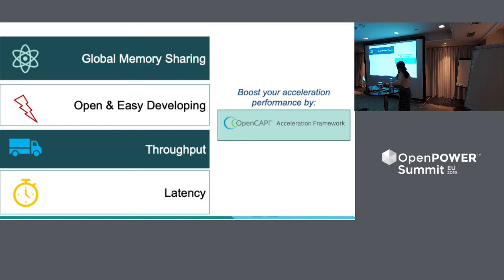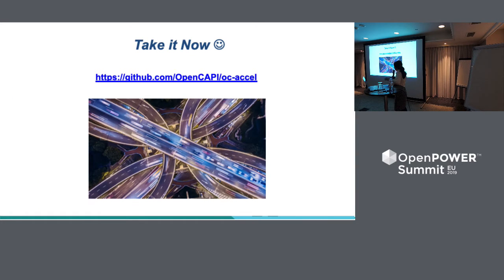So this is the conclusion about the OpenCAPI acceleration work. It enables global memory sharing, open, easy development, and it also enables the full throughput and a good latency, so that can help accelerate your function design. So take it now. This is the address, github.com/OpenCAPI/OC-Accel.